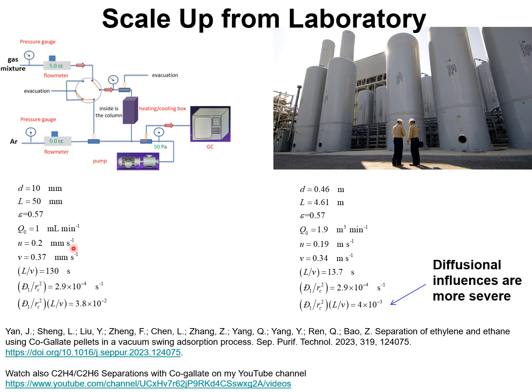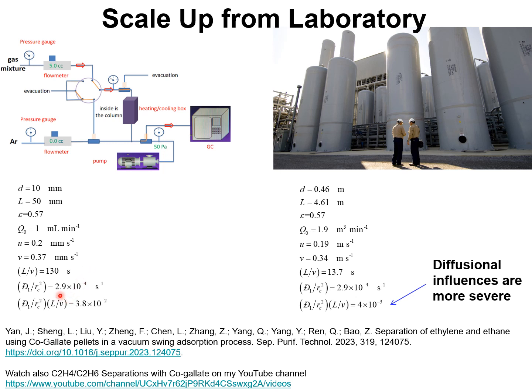The superficial gas velocity of the mixture flowing through the tube is calculated to be about 0.2 millimeters per second. The interstitial gas velocity, which is the superficial velocity divided by the bed voidage, is 0.37 millimeters per second.